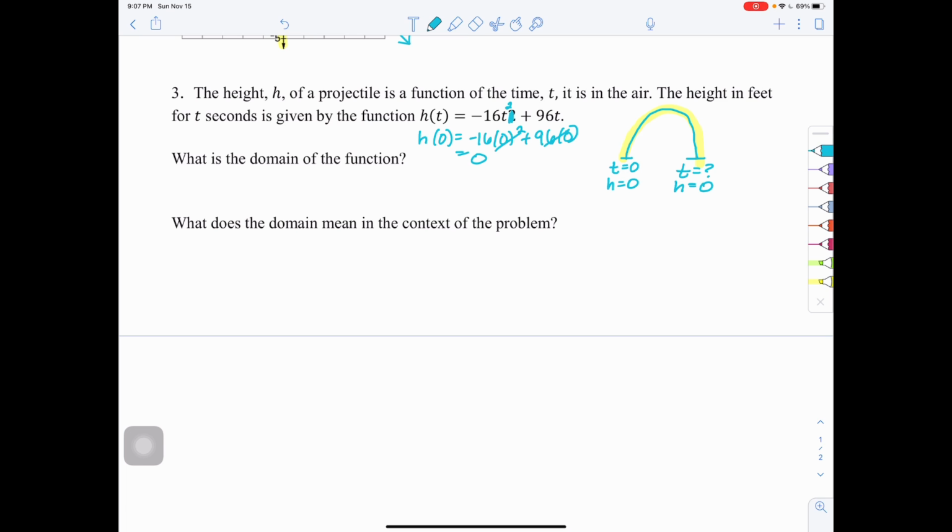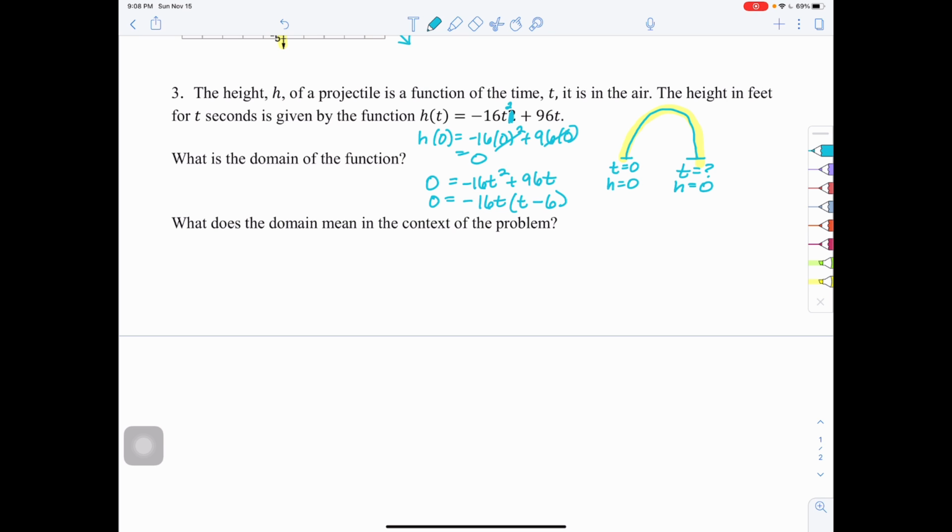So let's see when this height is 0. So 0 equals negative 16t squared plus 96t. Let's see if we can factor out a negative 16t, and we have a t minus 6.